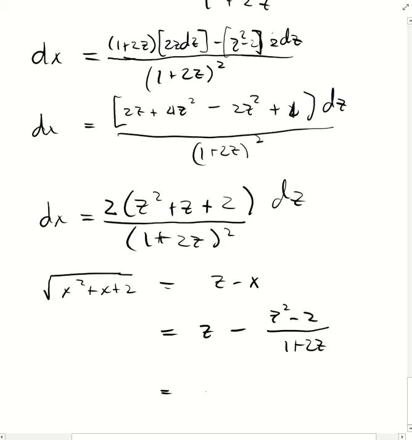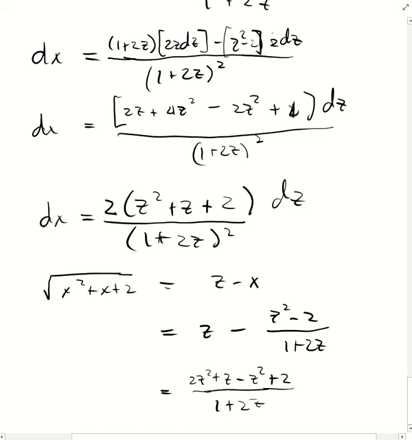Then you can simplify that. LCD will be 1 plus 2z. Then 1 plus 2z times z: we have z times 2z, so 2z squared. Z times 1, so plus z, minus z squared minus minus, so plus 2.